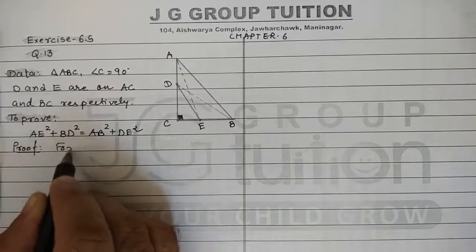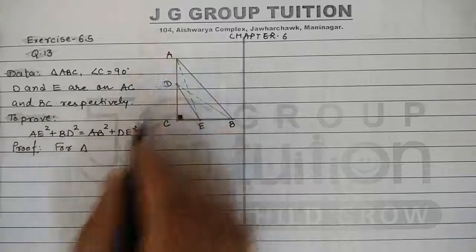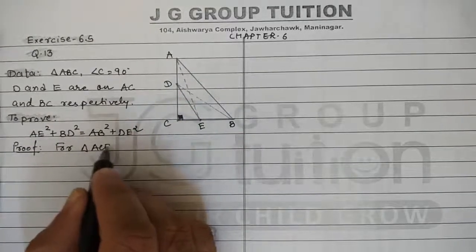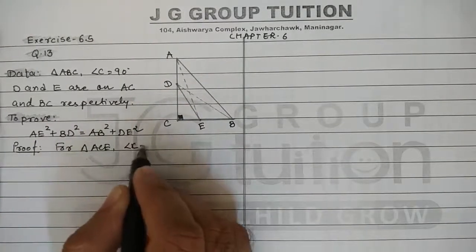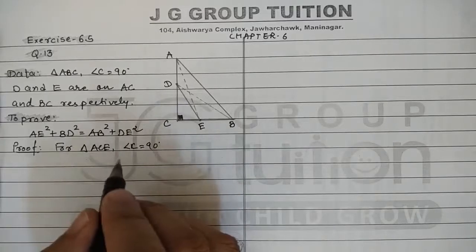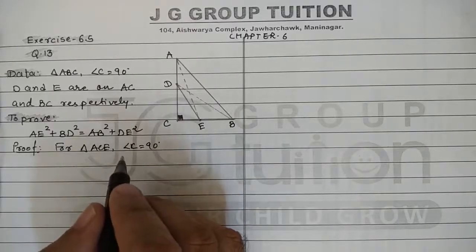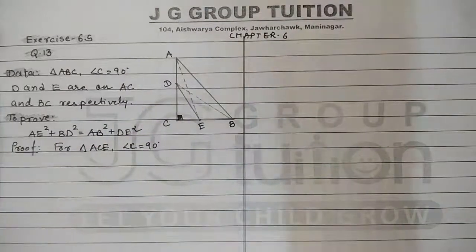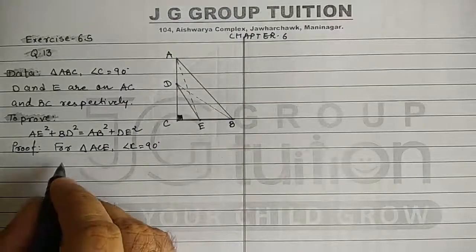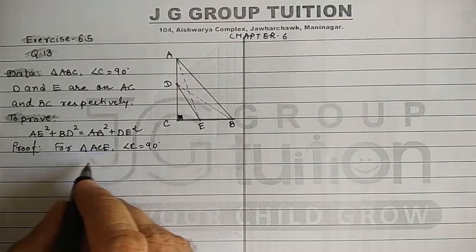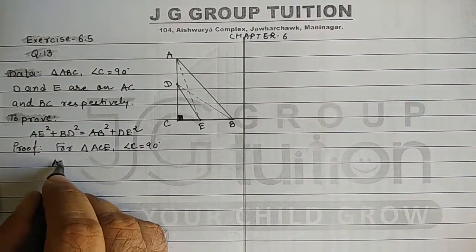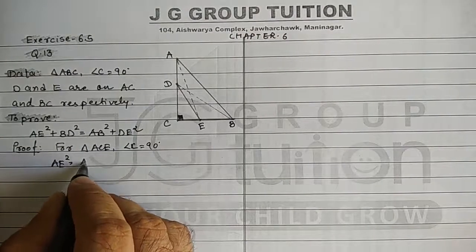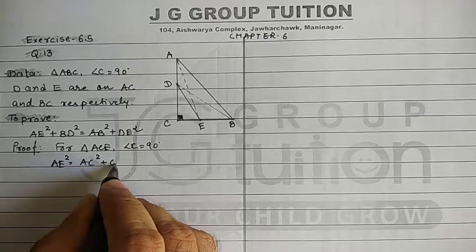Now for triangle ACE, as angle C is a right angle, it is given in the data, I'll use the Pythagoras theorem for the same. So as C is a right angle, AE square is AC square plus CE square.